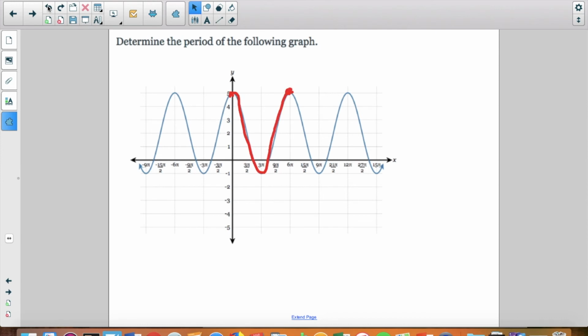What I outlined in red right here is one complete cycle. I want to see how long it took to complete that cycle, so I'm going to go down and look at the value on the x-axis. That tells us that the period is 6 pi, because that's how long it took to complete one cycle.